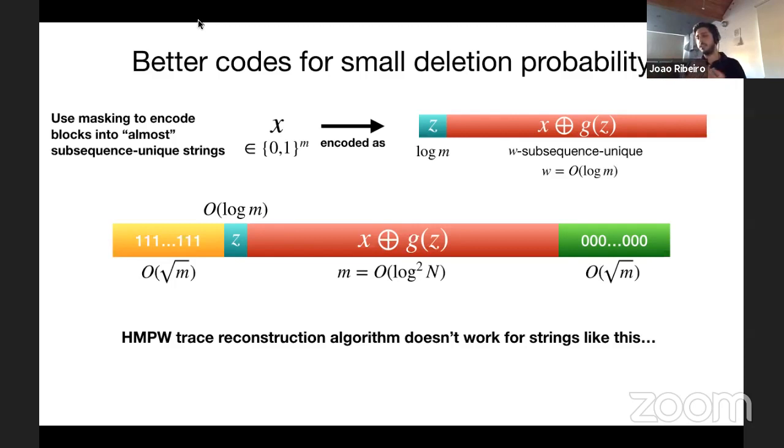So one natural thing to consider here is to say, well, does the HMPW algorithm that we discussed before work immediately for strings like this? And the answer is that it doesn't work.